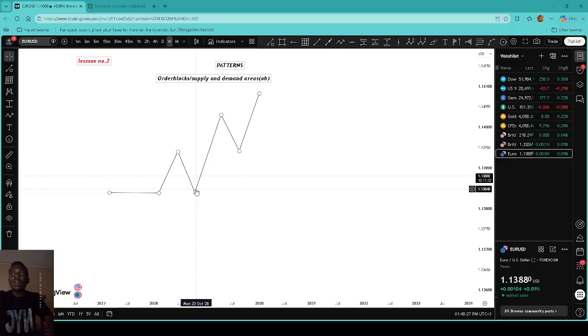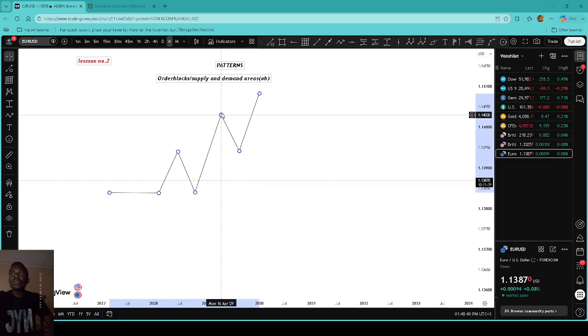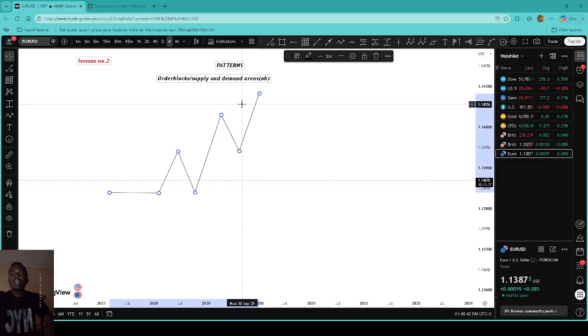So we will look for an order block or a demand area for us to take the trade in order to get this impulsive move. Are we together? So that is how order blocks work. They are the ones that push price up or down.